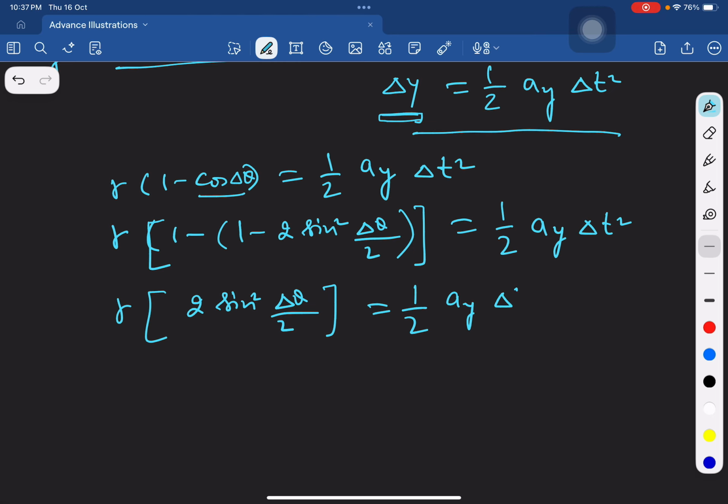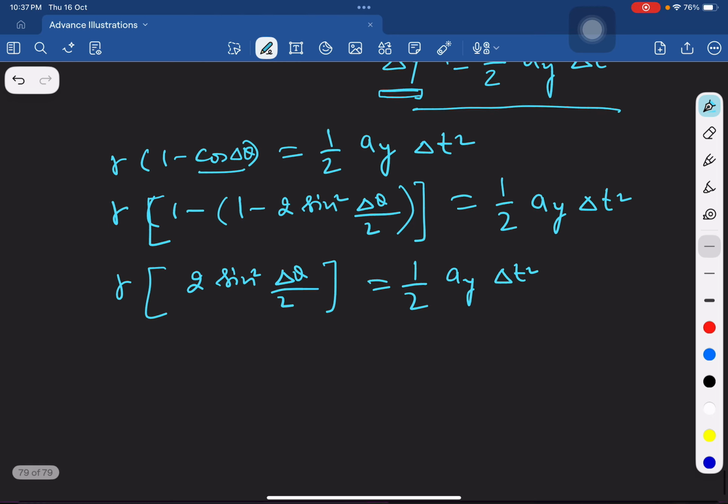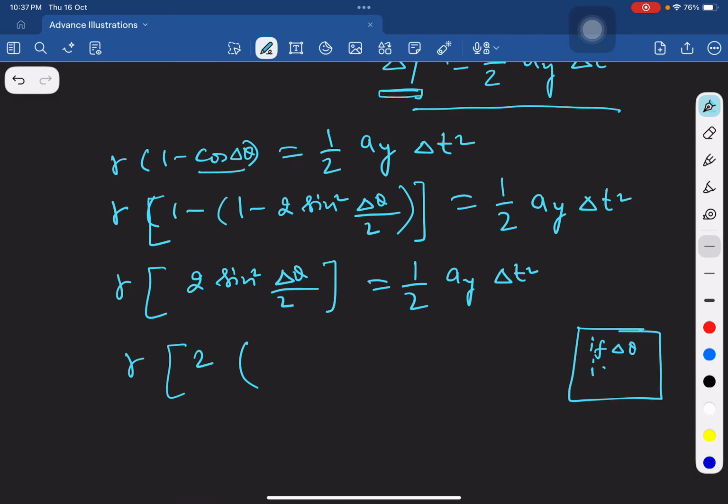Here, if delta theta is very small, then sine delta theta can be approximated as delta theta. So here I can write this as delta theta by 2 whole square.